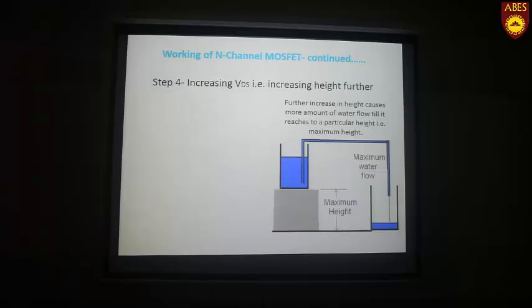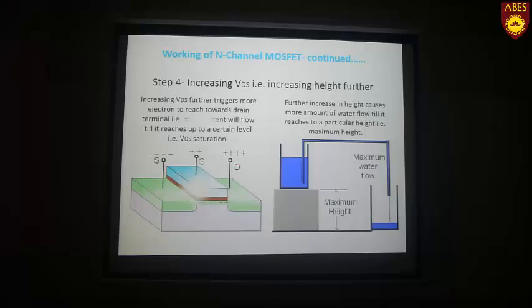So similar to increasing the height, we are increasing the potential at the drain and source terminals. When more positive potential is at the drain terminal, more electrons than in the previous case will be attracted towards the drain region, and hence more electrons will be provided from here to here, will come back here, and hence more current will flow in this region, right?